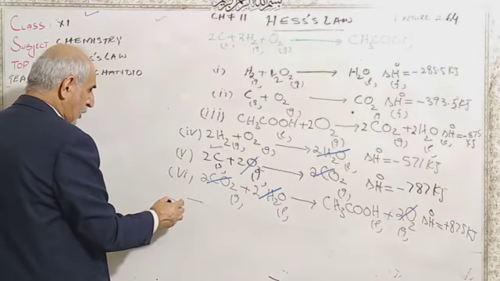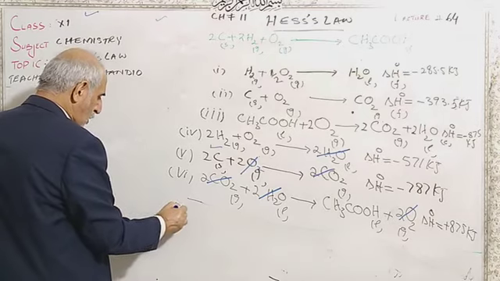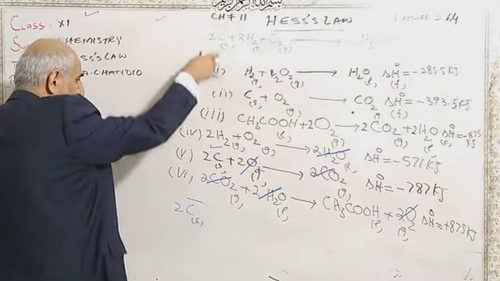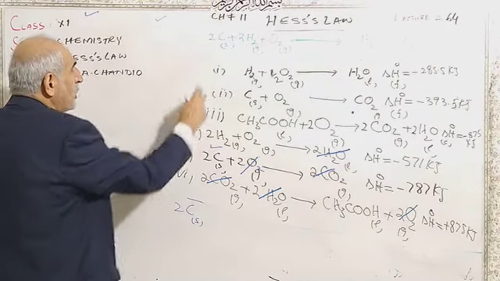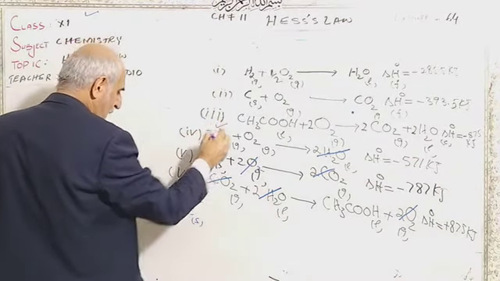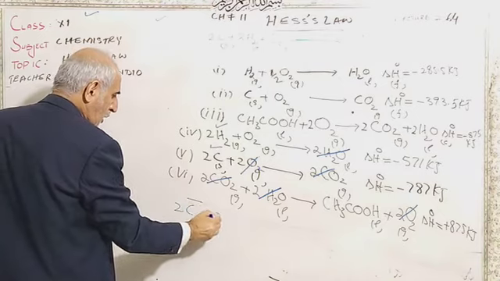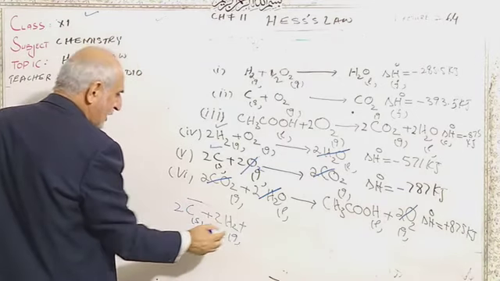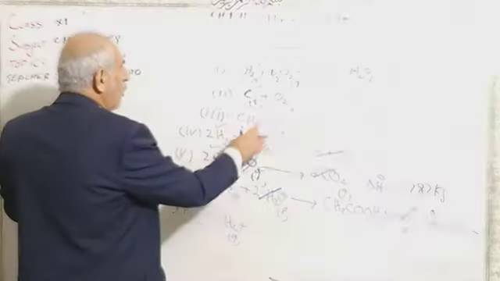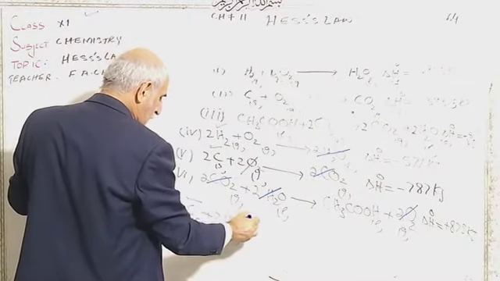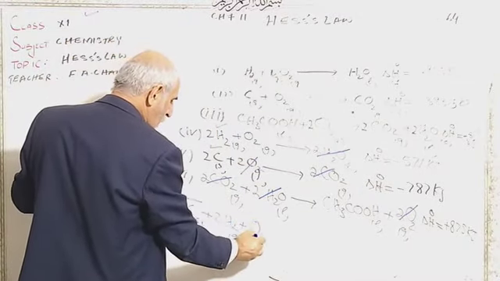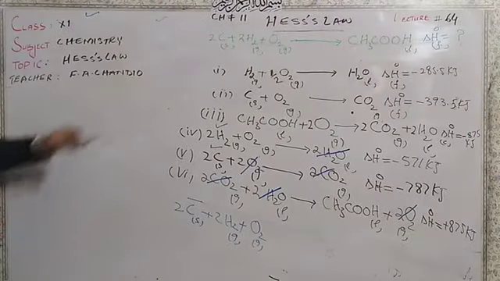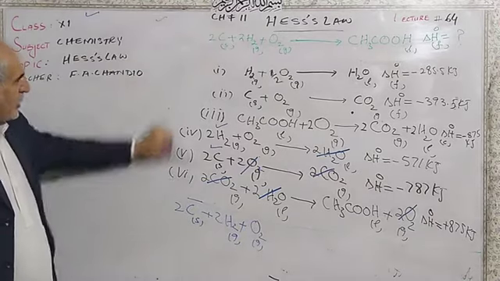So the required equation contains 2 moles of carbon solid, as in our equation, plus 2 moles of hydrogen gas, no cancellation here, also put these states, and 1 mole of oxygen. So these reactant sides are 100% same.